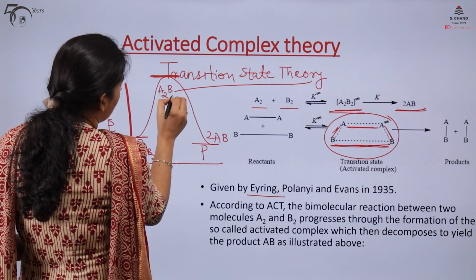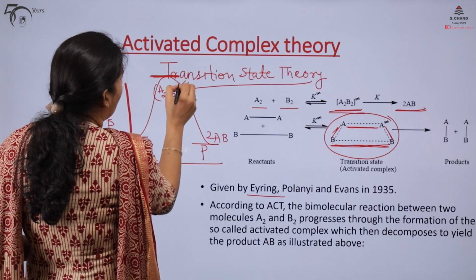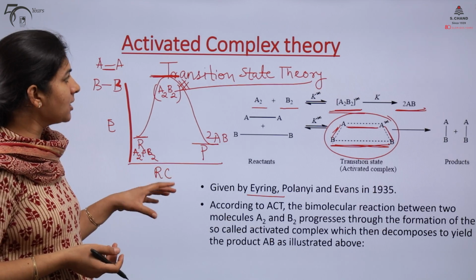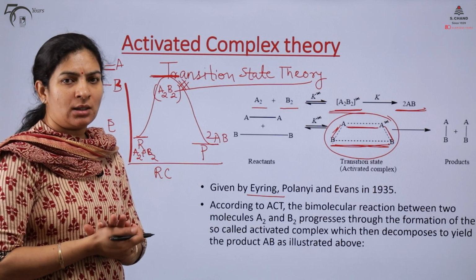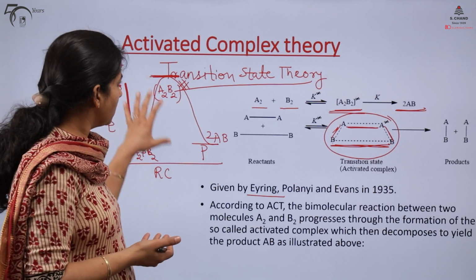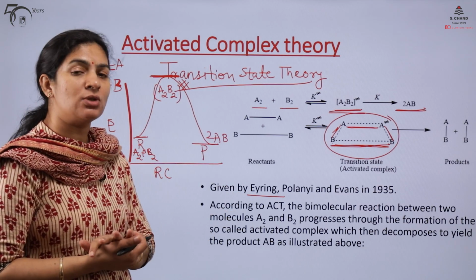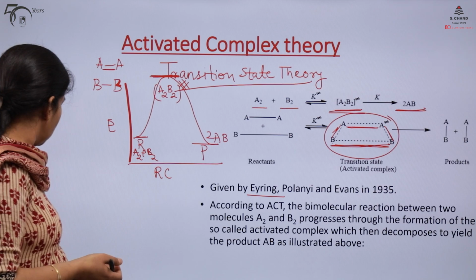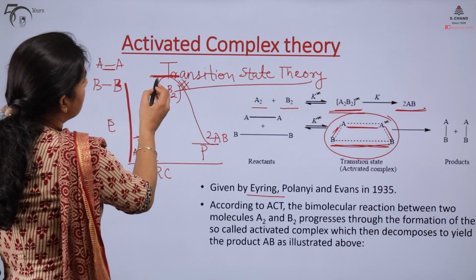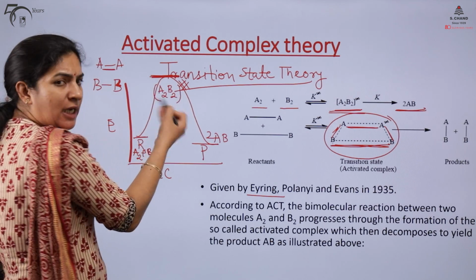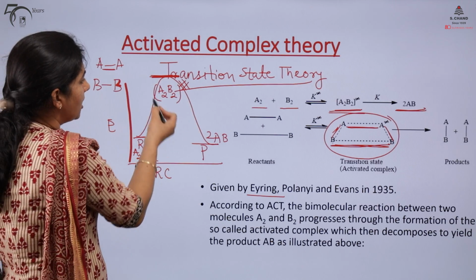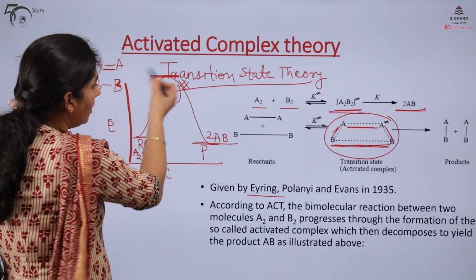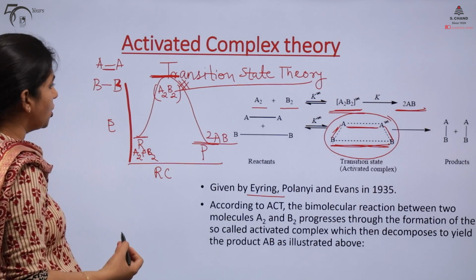So we denote it by A2B2 with a hash. So this is your activated complex. Activated complex theory suggested that the product gets formed by the formation of this transition state. This is higher in energy, and definitely something higher in energy is going to get stabilized by releasing its extra energy.